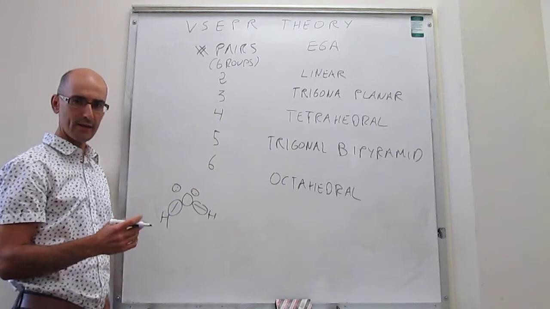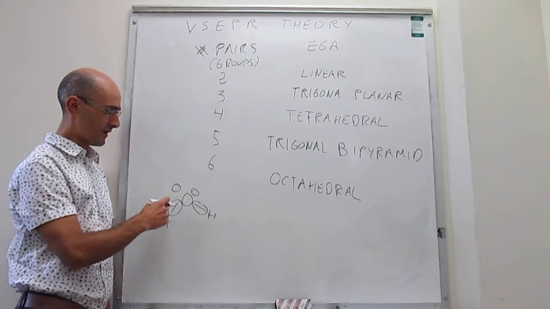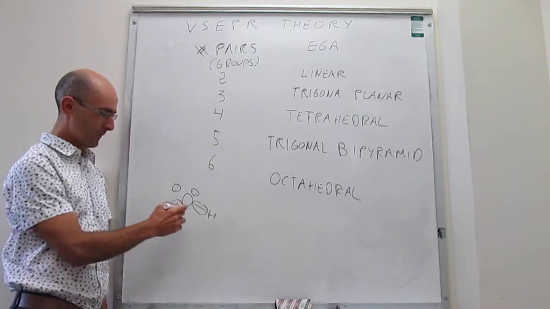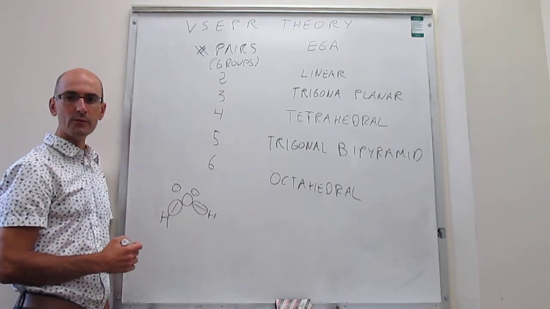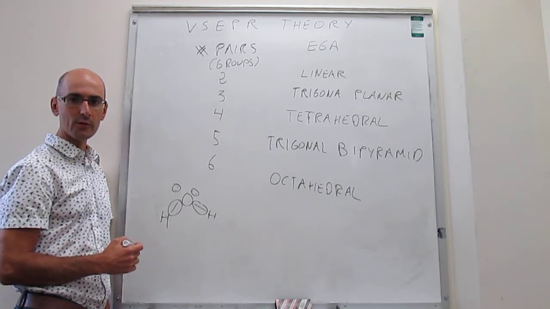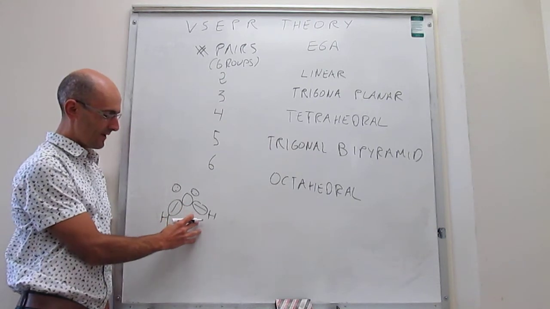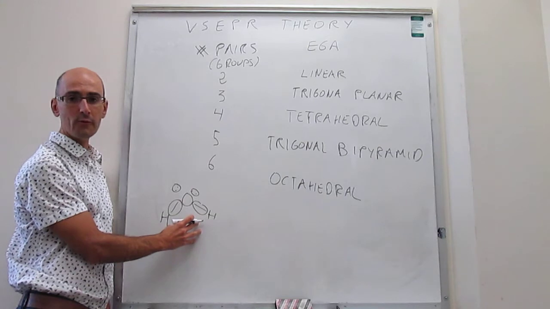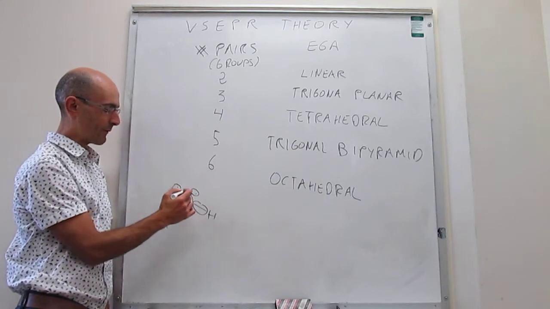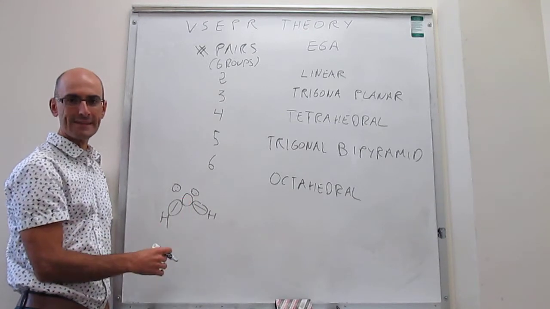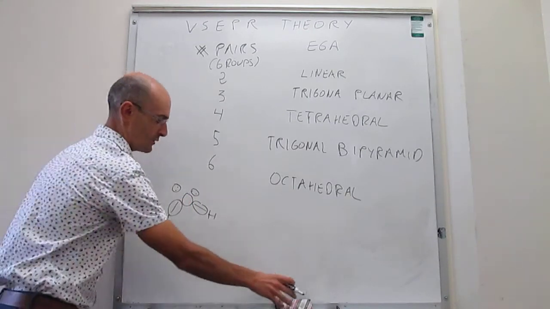Each of the lone pairs of electrons contributes as a single group, and each of the single bonds also contributes one electron group. So the number of electron groups here is 4, and that means the geometry of those electron groups around the central atom is tetrahedral. Let's do a different example.